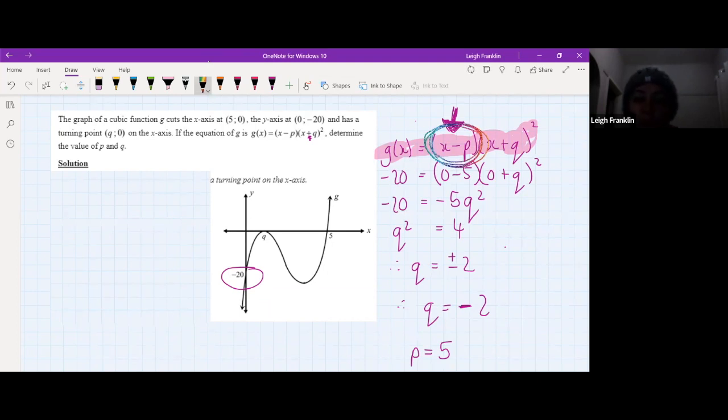In other words, it's going to be the other, distinct x-intercept, which is going to be 5. When the bracket is squared, that's going to be the one where it is a turning point as well as an x-intercept. So that's why the q goes here and the p goes over there. Does that make more sense now?